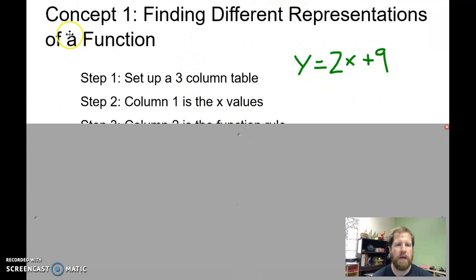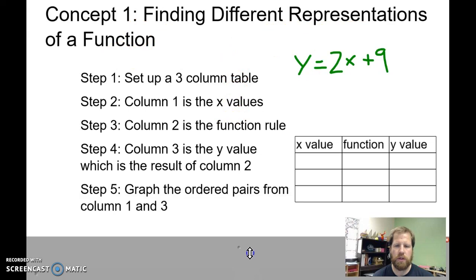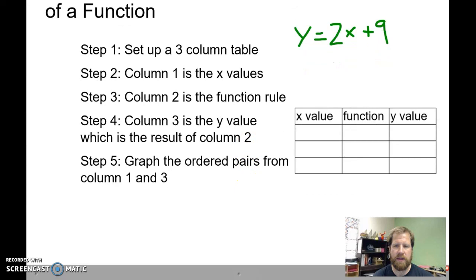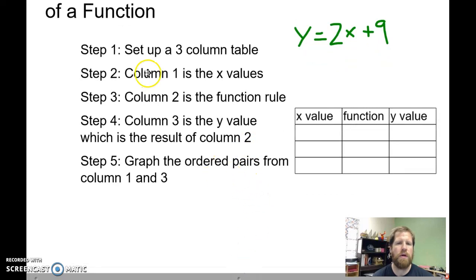All right. Concept 1, finding different representations of a function. So in order to look at a function in different ways, you're going to set up a table, all right? And that's going to help you make your tree, okay? Your x value, whatever you want to put in for it, is going to go on the left, in column number 1.